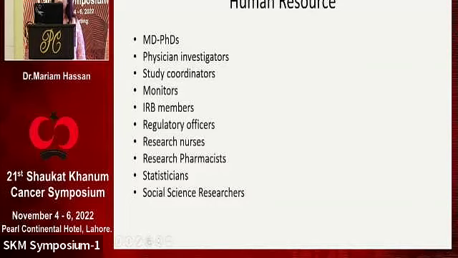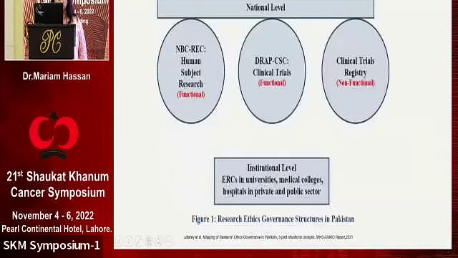But the number of MD PhDs, physician investigators, and the rest of the list that I have enlisted here, we don't have enough numbers. There's been a mushrooming of study coordinators after COVID-19, but no plan for their career or capacity development.